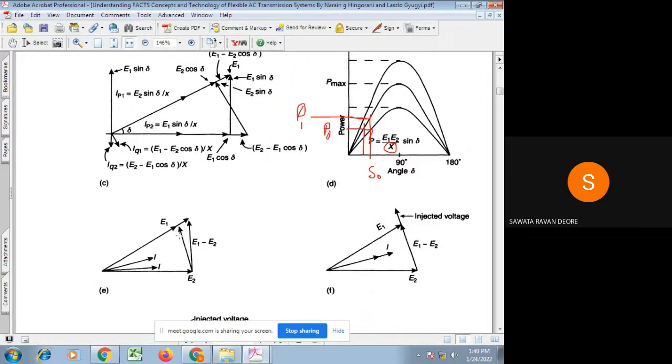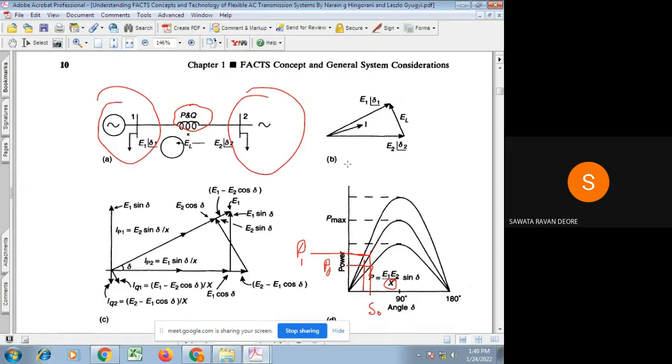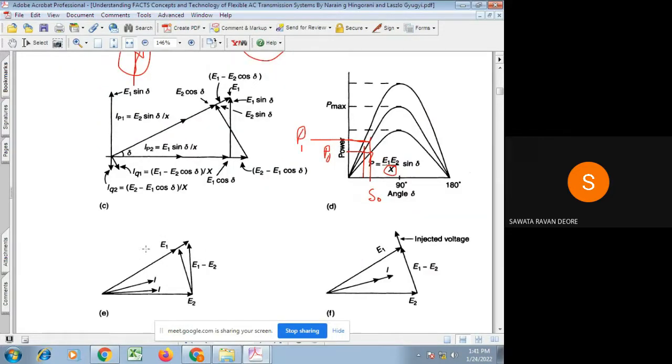Second, this is the normal phasor diagram of phasors E1 and E2. This is phasor E1, and phasor E2 is considered as the reference. The difference between these two is the voltage drop across the line, EL, and accordingly the current flowing through the line is I. Now for this given line, if one end is provided with a shunt compensator such that the magnitude of this bus voltage E1 is increased a little bit, what happens?